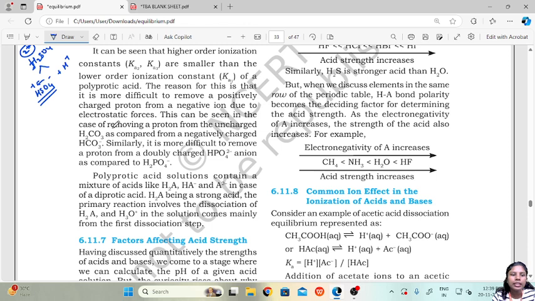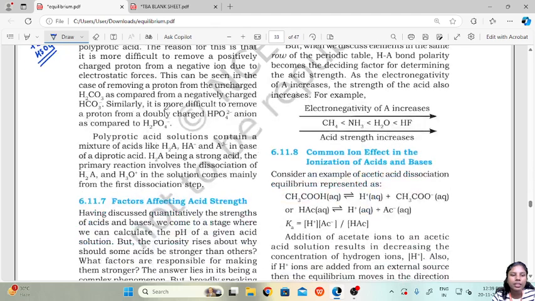This can be seen in the case of removing a proton from an uncharged H2CO3 as compared to a negatively charged HCO3 minus. Here the charges are balanced, with one positive and one negative charge. Similarly, it is more difficult to remove a proton from a doubly charged anion as compared to H2PO4 minus.